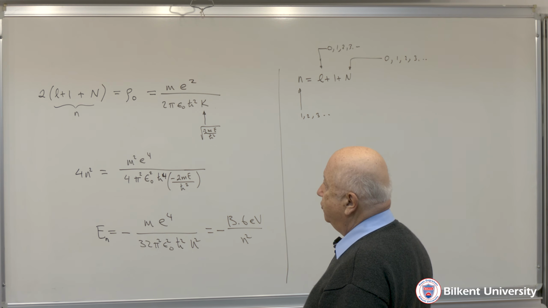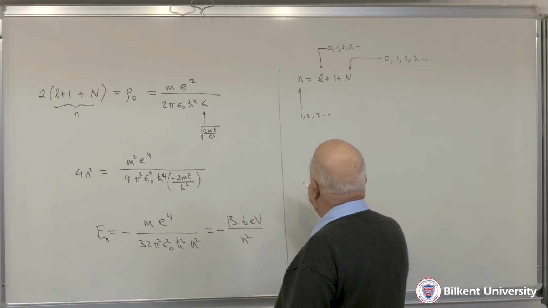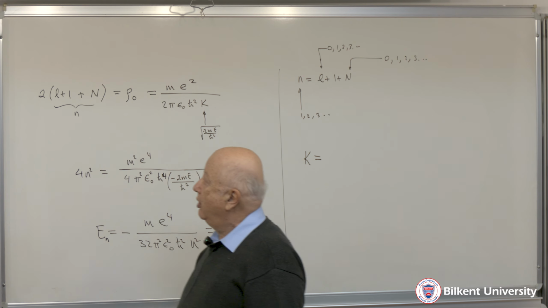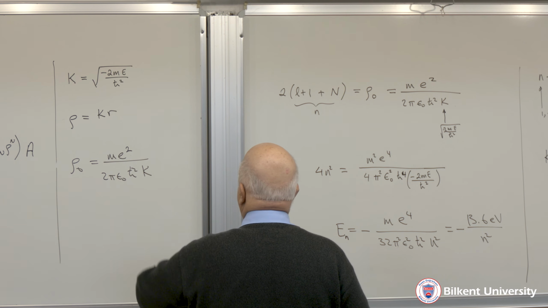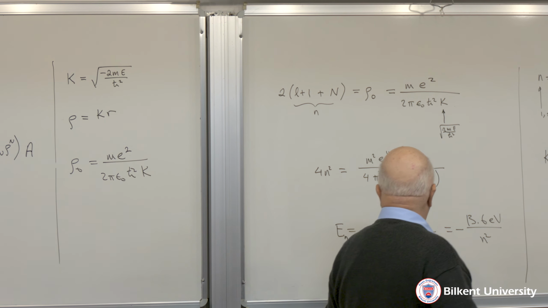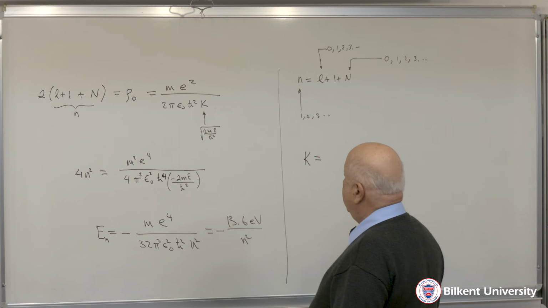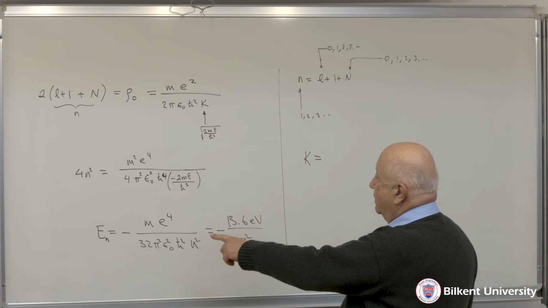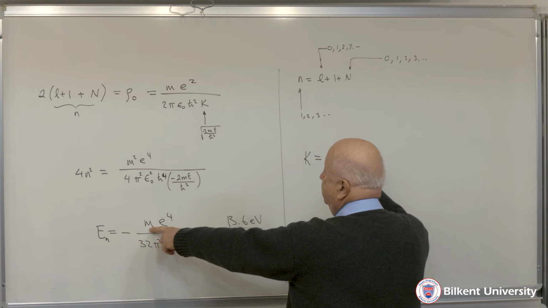Before I go any further, let's also look at what K is. So K is going to be equal to, you see it has a square root of energy. So I have to multiply this by minus 2m and try to obtain a square root. Please check my algebra. So m here becomes m squared, so its square root is m.